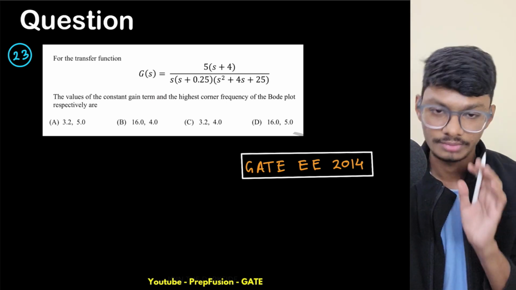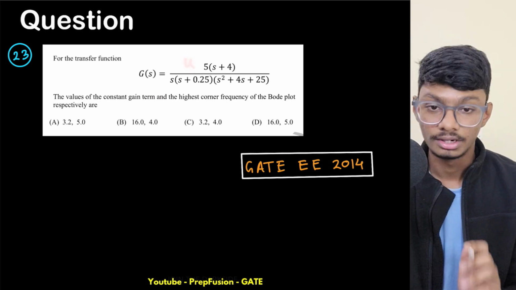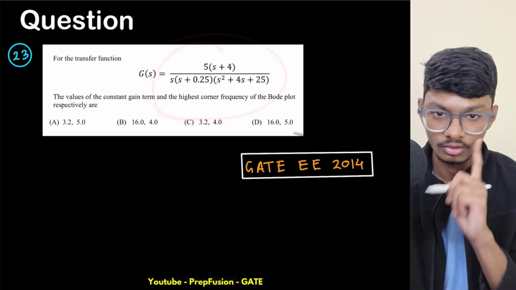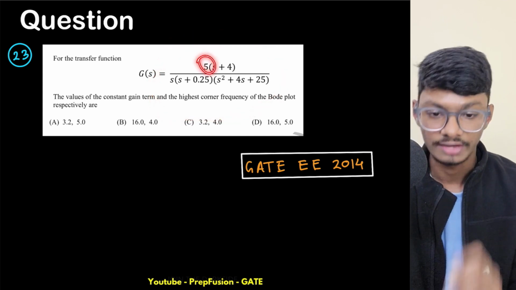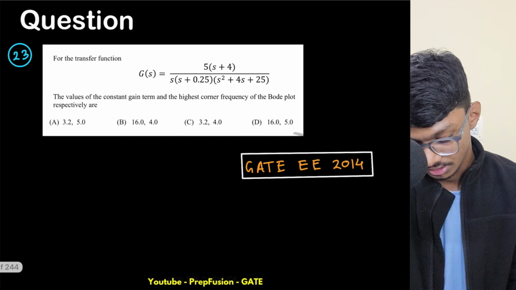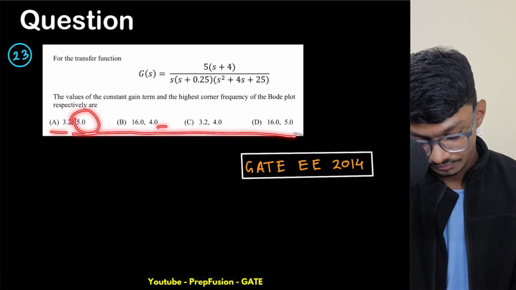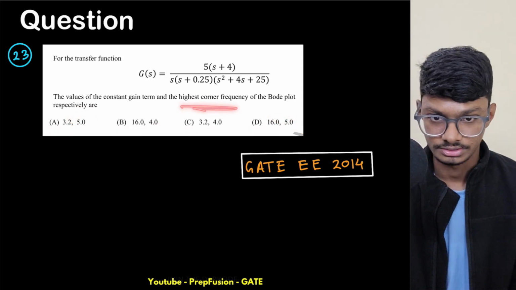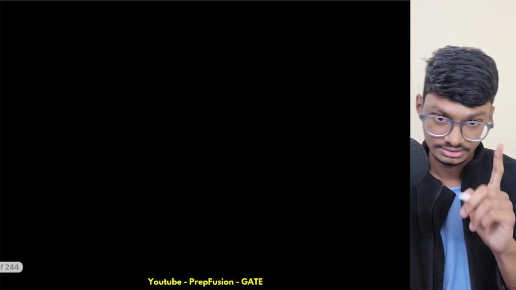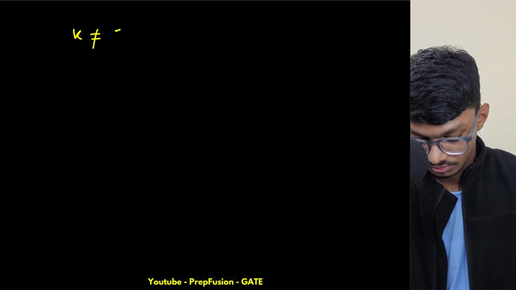By constant gain term they mean this k term, but this is not in time constant format. So this 5 is not equal to my constant gain term. In the options also 5 is not given; this 5 is for the highest corner frequency, not for the constant gain term. First thing to keep in mind: k is the constant gain term, and k is not equal to 5.